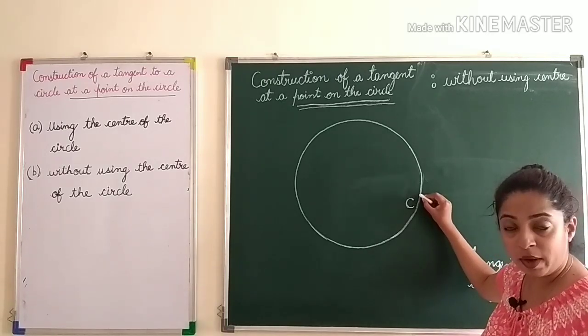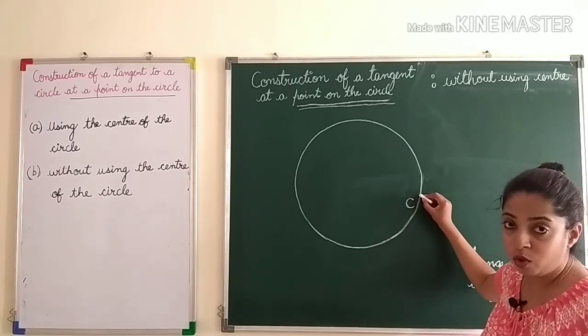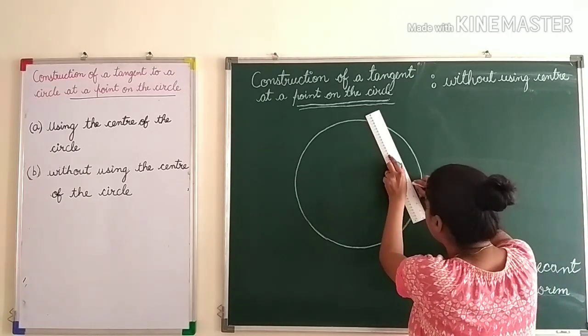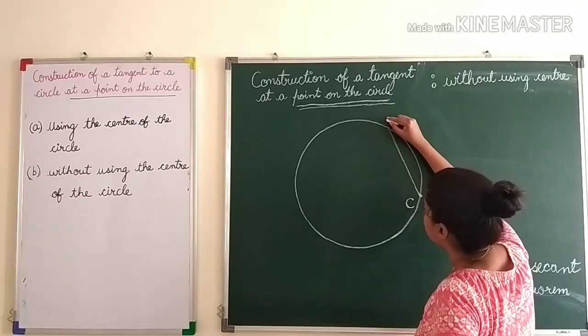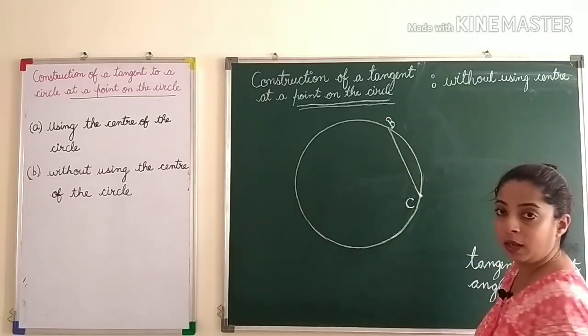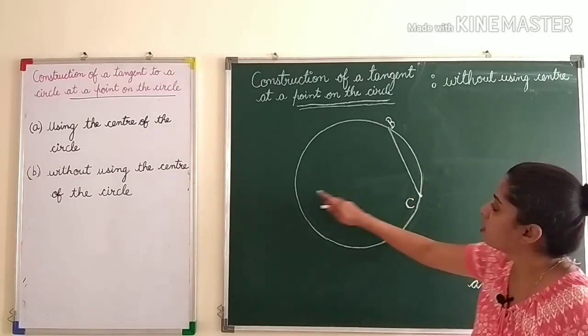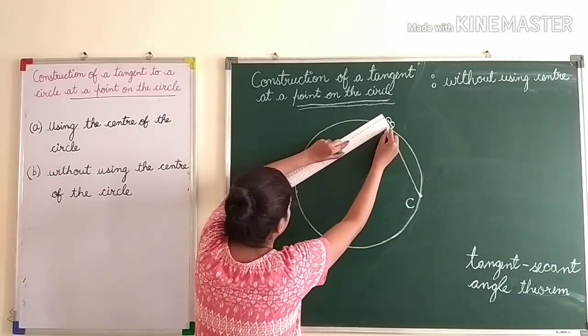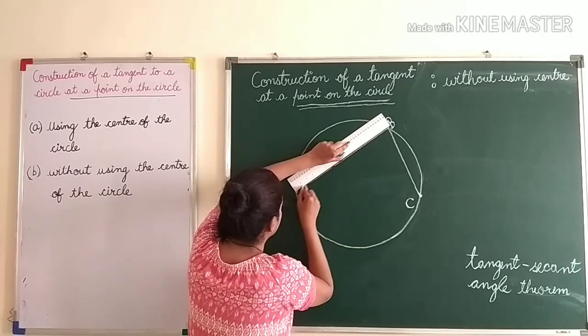Now if you are given a point on the circle and you don't know the center, then just draw a chord, say CB. Now through this chord, subtend an angle here. Take any point here and draw this triangle.